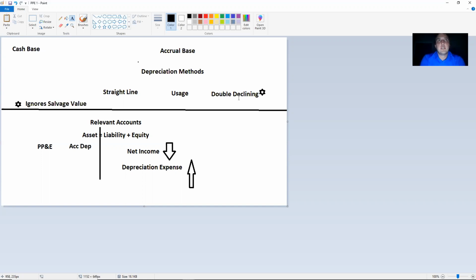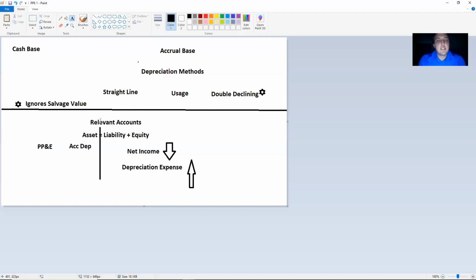So with factory equipment, when it's brand new on the line, it's going to be spitting out those widgets a lot quicker than after, say, 3 or 4 years, whenever it's only doing half as good as it did. So because of that, we find ways of increasing the expense earlier on. And so there's the double declining method. And we'll get into the calculations of each of these during our homework.